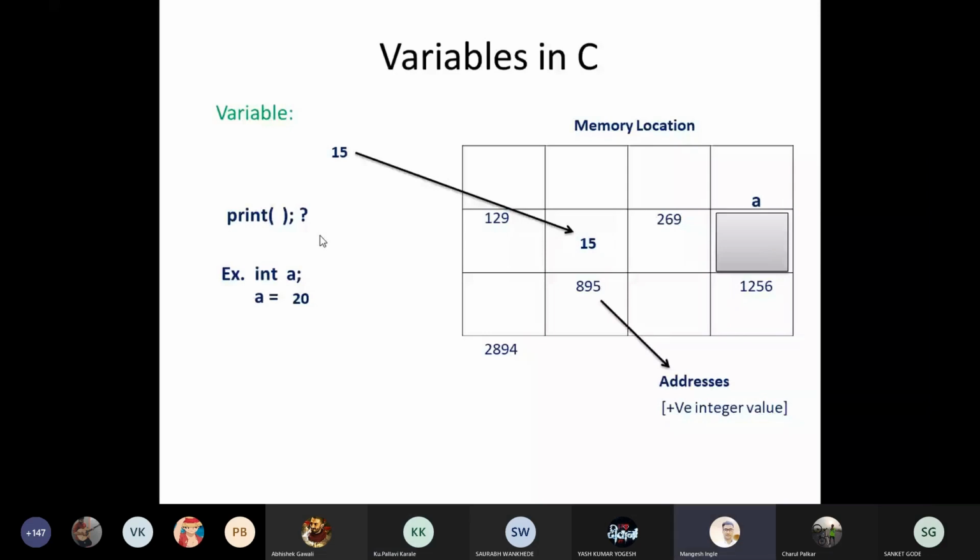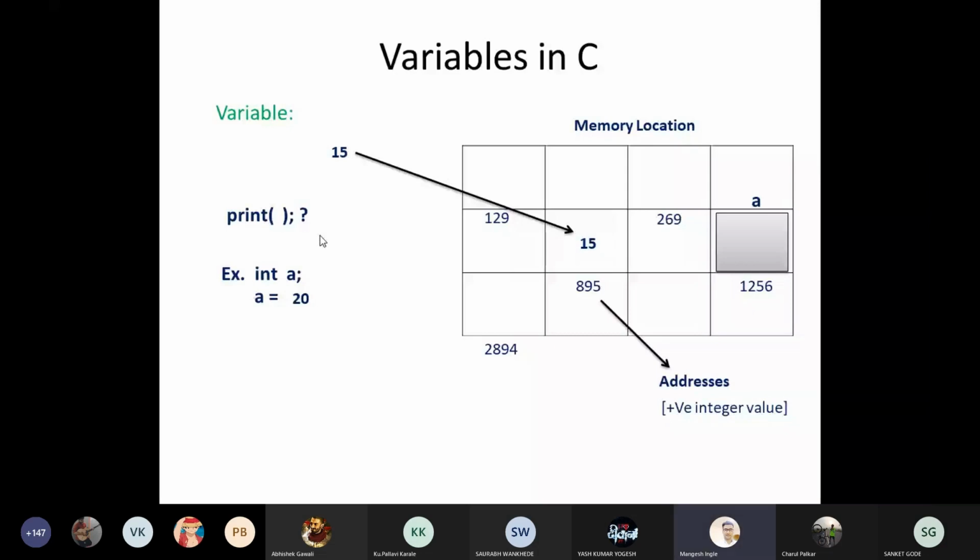A is an identifier. That identifier refers to the address of the value 20, and once we know the identifier, we don't need to access the value 20 or 15 directly. Whatever the value is, we don't need to access it. We can access the identifier.